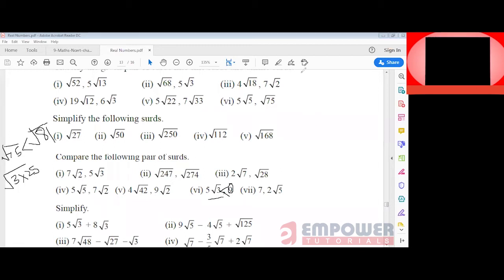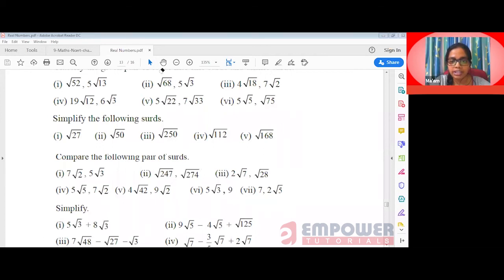Yes, ma'am, can you repeat? I didn't understand. Yes, sure. So see, 9 is in the form of a rational number, it's not an irrational number. If you want to convert 9 into irrational form, you will write root 81, because the answer of this is 9, right?